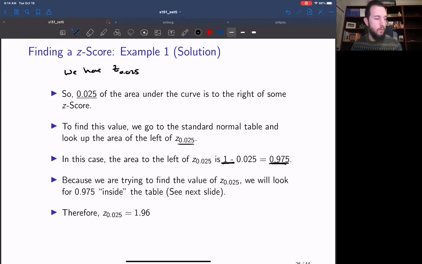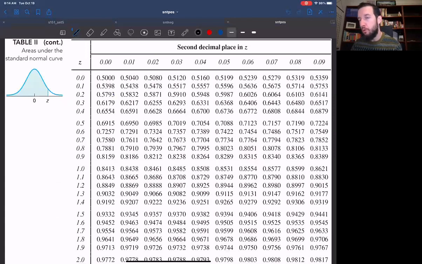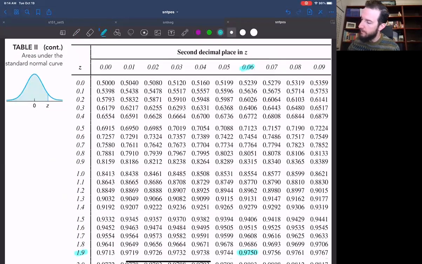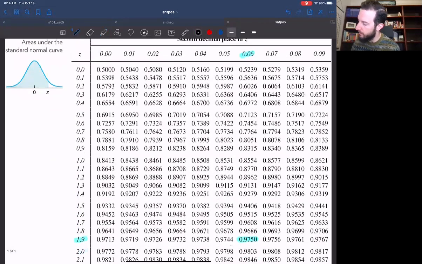Okay, so we are going to go to the standard normal table. We are now looking for 0.975 inside of the table because we are working with an area underneath the curve. Okay. Now we just come out to the axes, 1.96. All right, so we're literally going in the opposite direction in this case.